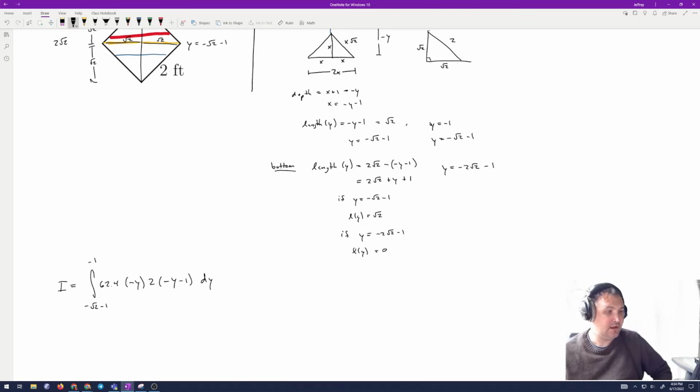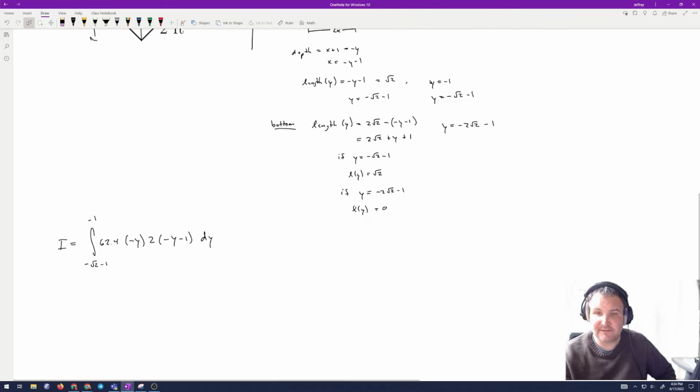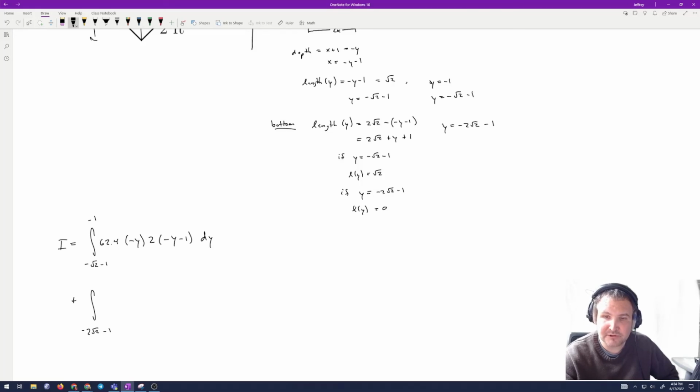Okay. And we're going to have the second integral, plus the second integral. And we're going to go from all the way at the bottom. So that's negative 2 root 2 minus 1 all the way up to negative root 2 minus 1. And again, we have 62.4. The depth stays the same.